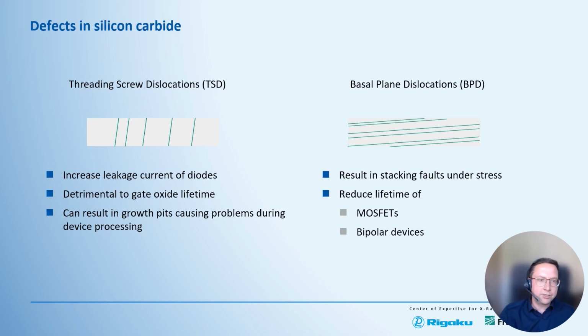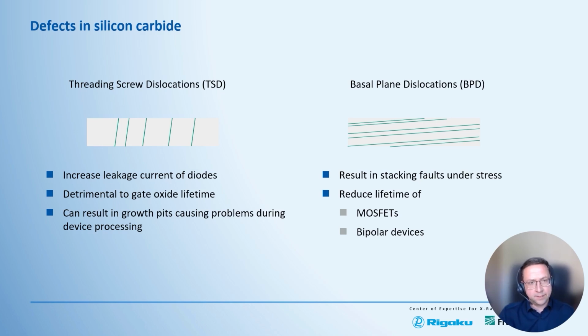A major difference between the two types of defects is that threading screw dislocations are nearly perpendicular, with a slight tilt due to the offcut of the wafer, to the wafer surface. The basal plane dislocations are more or less parallel, slightly tilted, to the wafer surface. So this is a completely different occurrence in the silicon carbide crystal and wafer material.